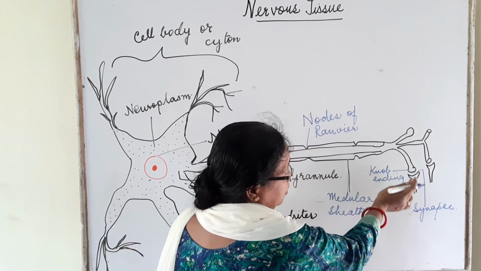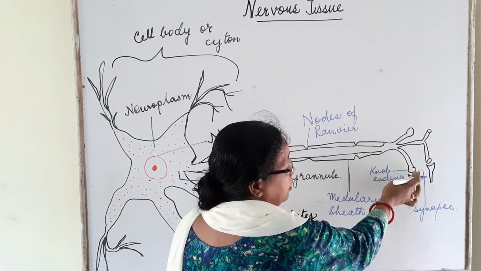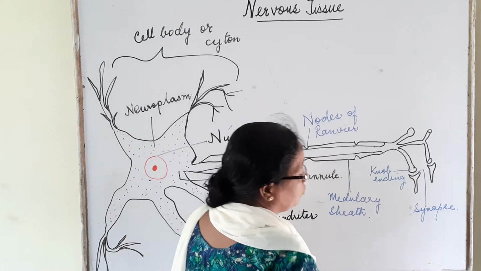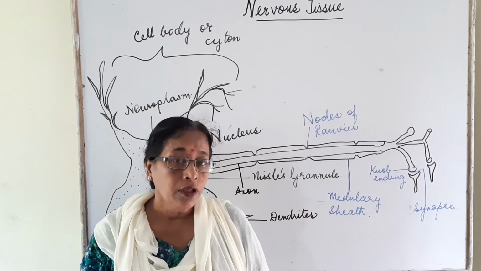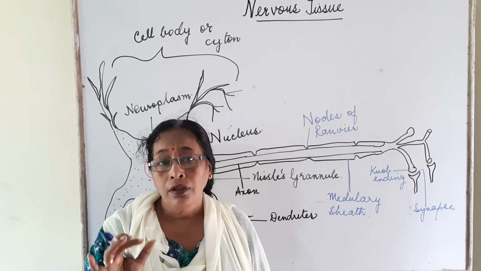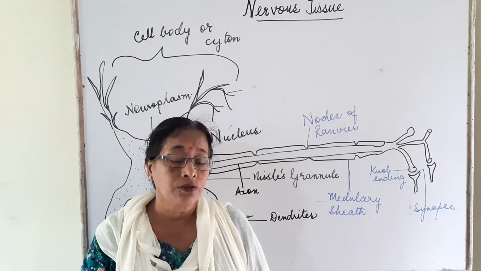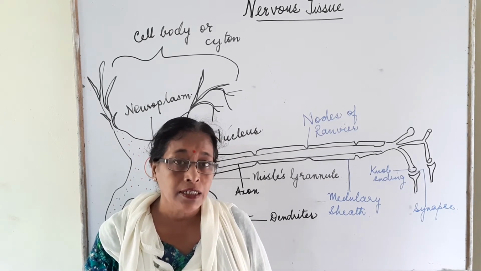The impulses or stimuli are transmitted from this nerve to the next nerve through the synapse. Children, we must know that the impulses are transmitted through neurotransmitters, which are chemicals such as acetylcholine.